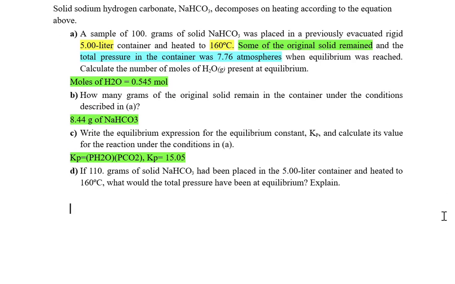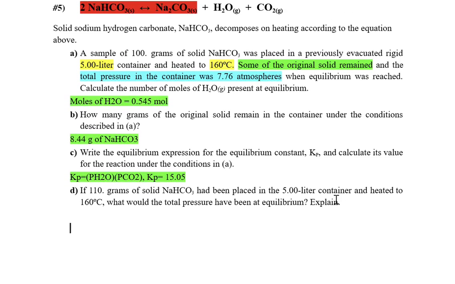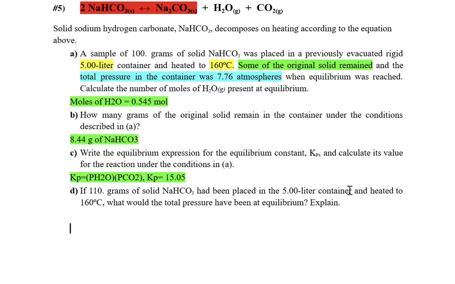Then the last part says, if 110 grams of solid NaHCO3 had been placed in the 5-liter container and heated to 160 degrees Celsius, what would the total pressure have been at equilibrium? Explain. You need to be very focused on this. We are actually not doing any equations. Instead of having 100 grams of solid NaHCO3, we have 110.